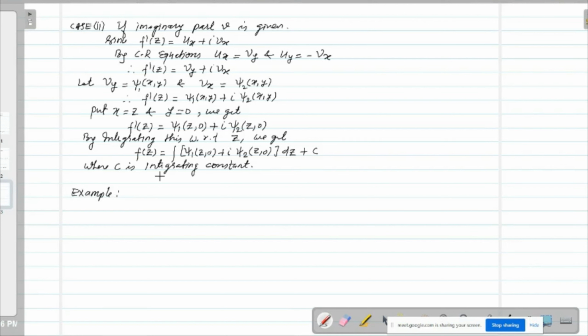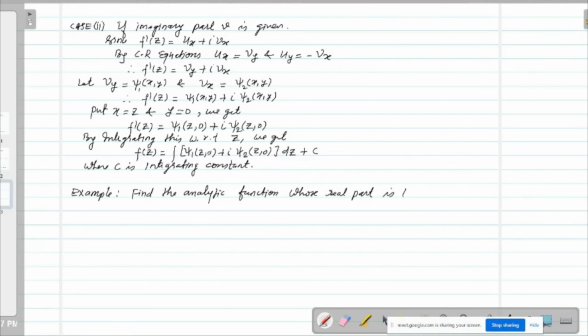Example. Find the analytic function whose real part is given to you.